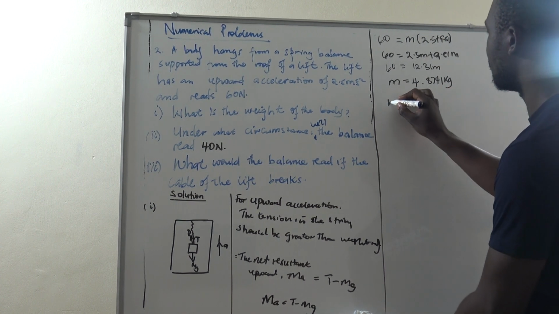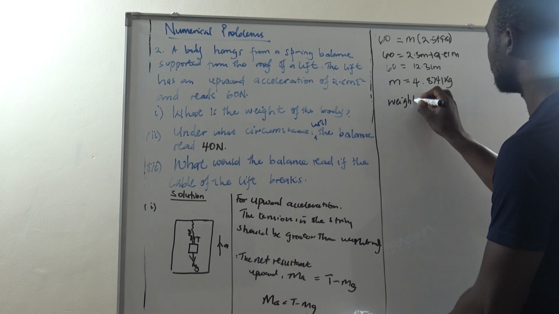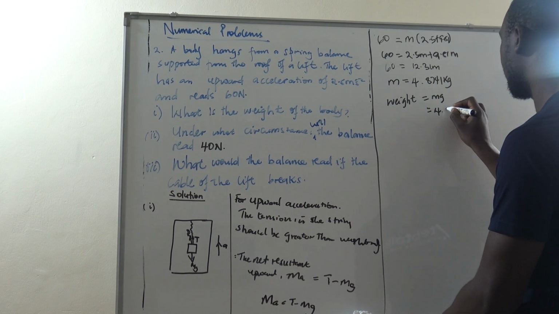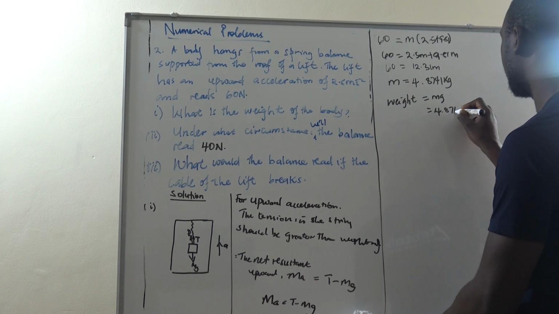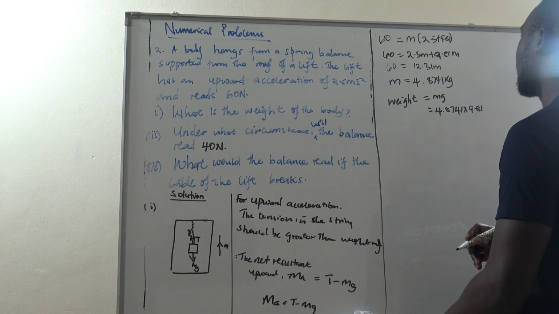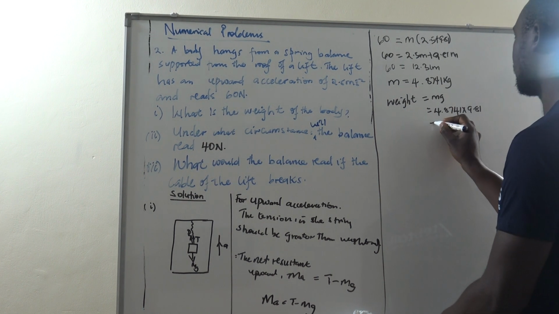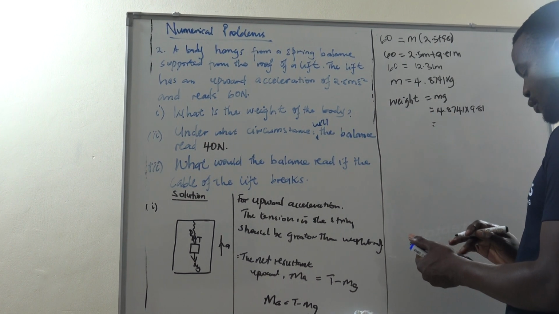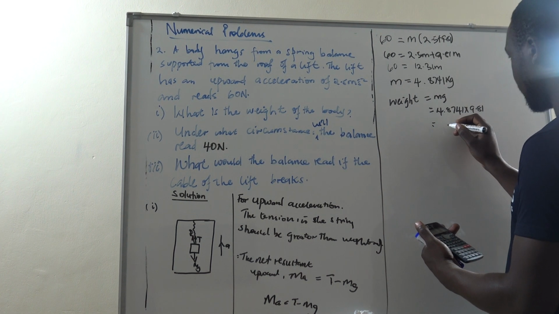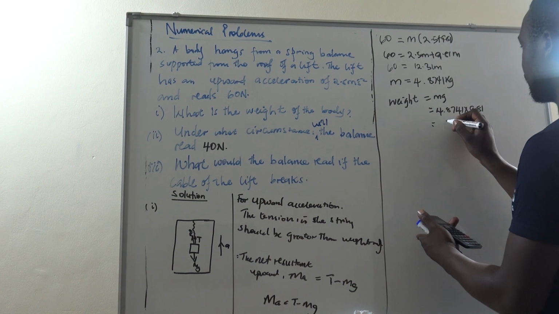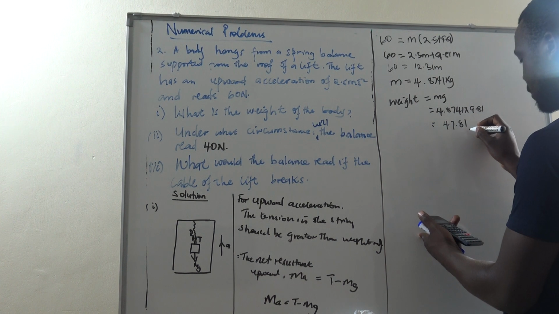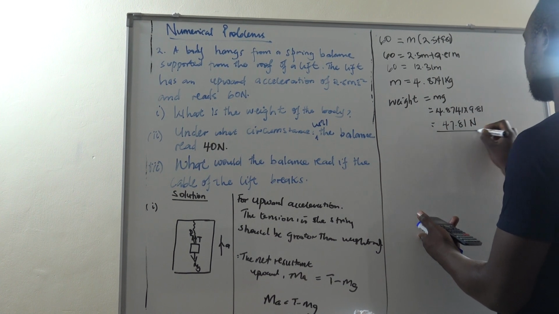But we know that weight is equal to mg. So this is 4.8741 times 9.81. From this expression we get our weight, and it gives us 47.841 newtons.